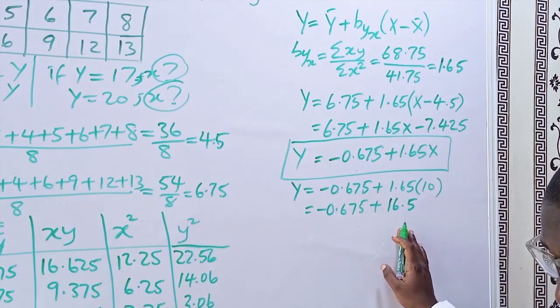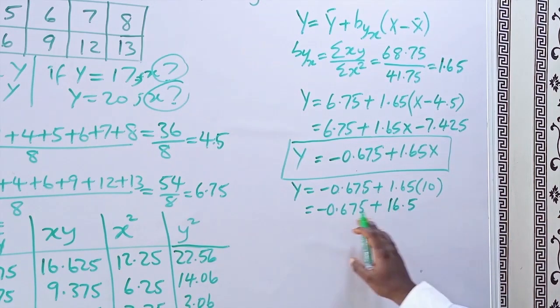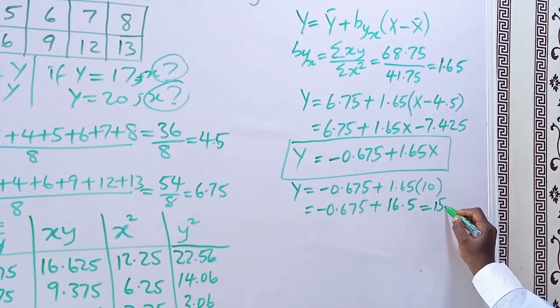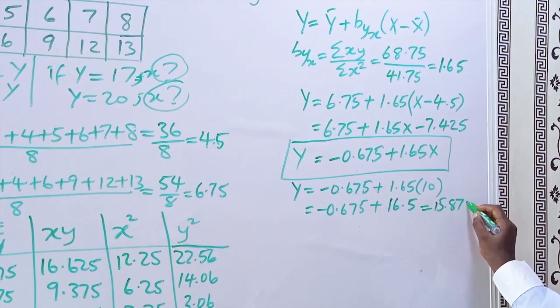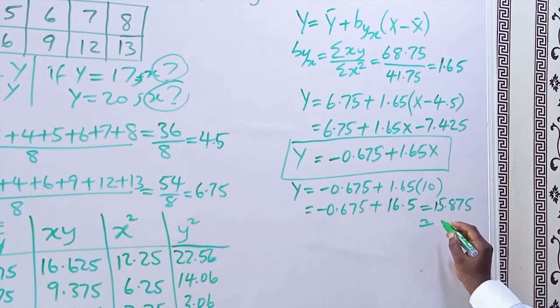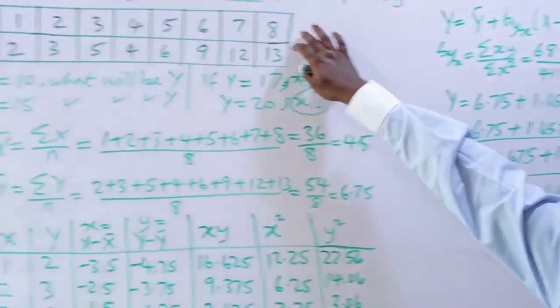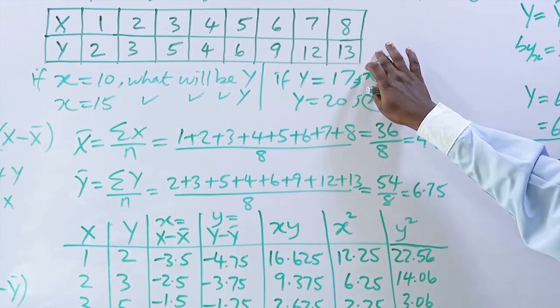So 16.5 minus 0.675 gives us 15.875, approximately 16. So if x is 10, y will be 16.